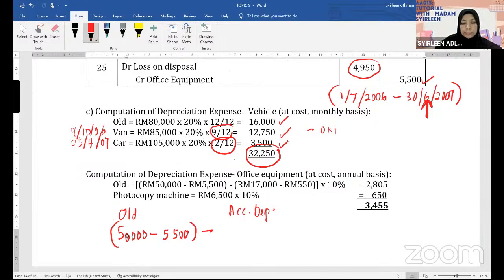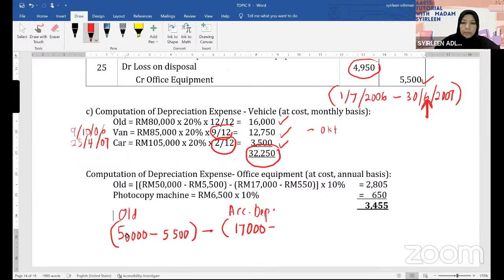So dalam soalan, accumulated depreciation is already given 17,000. Tetapi 17,000 ni termasuk komputer yang hilang tadi. So bila komputer tu dah hilang, dah tutup, automatically the contra will be closed as well. So the 550 ringgit is no longer in that 17,000.